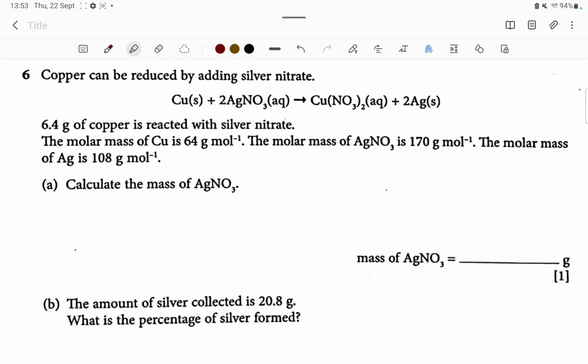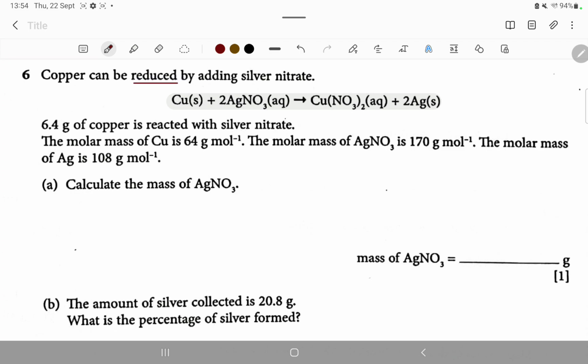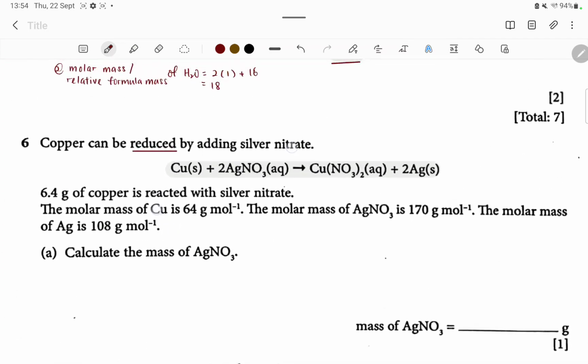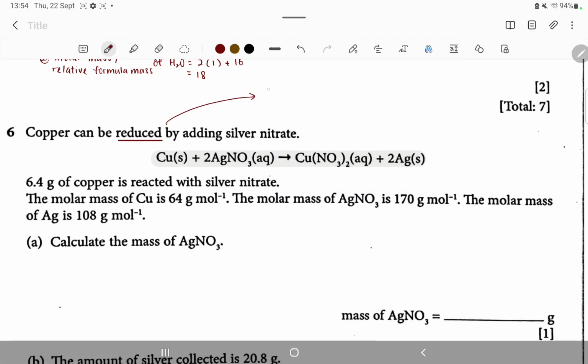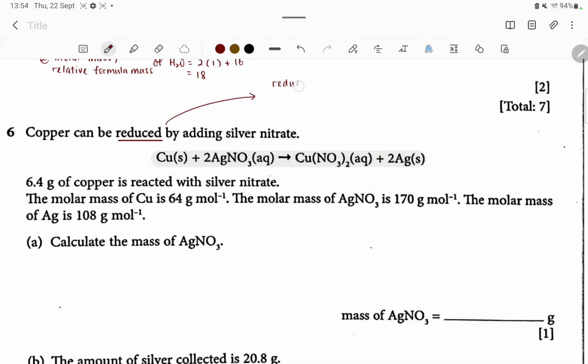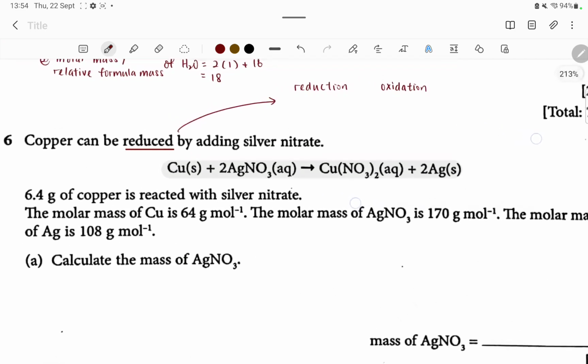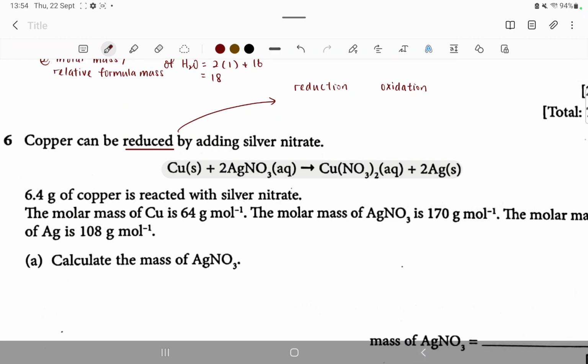Okay, copper can be reduced by adding silver nitrate. This is the formula. Reduce, this one we can revise back the redox reaction. For me, I remember the oxidation one, and then reduction is the total opposite. So let's look at oxidation first.